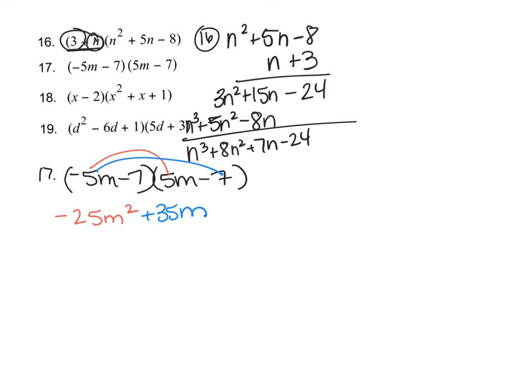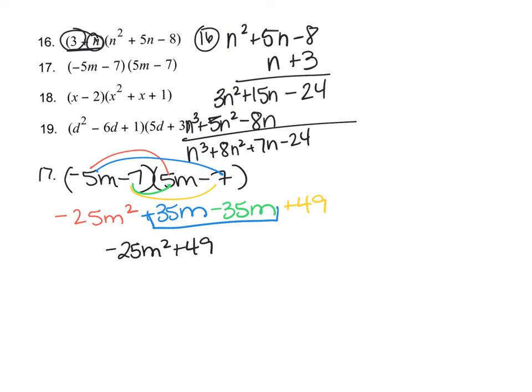Then we're going to multiply negative 7 times 5m, negative 35m. And lastly, negative 7 times negative 7, plus 49. And we end up having like terms here that actually equal 0. So we have negative 25m squared plus 49. So that's the horizontal method.